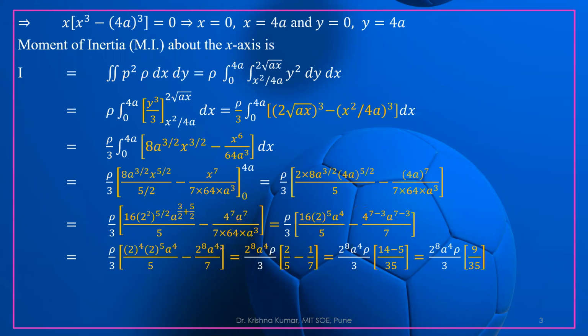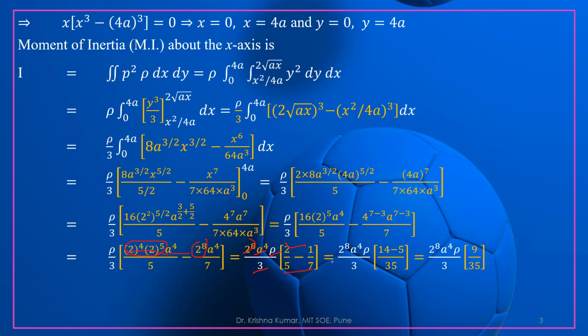Now here, this is 2 to the power 9, this is 2 to the power 9, this is 2 to the power 8. So we are taking 2 to the power 8 outside, a to the power 4 we have taken outside, and the rho has already been taken outside, divided by 3. So what is remaining over here? Here 2 to the power 9, so this 2 is remaining. And here only 1 by 7 is remaining.